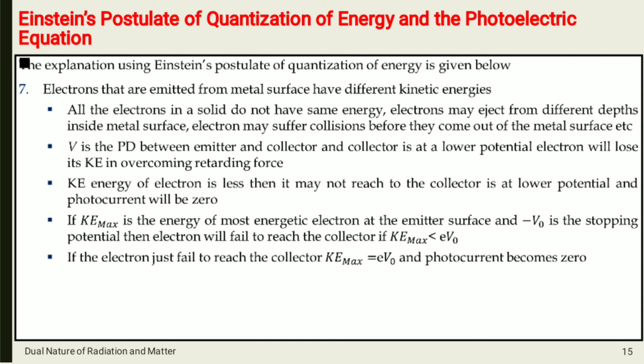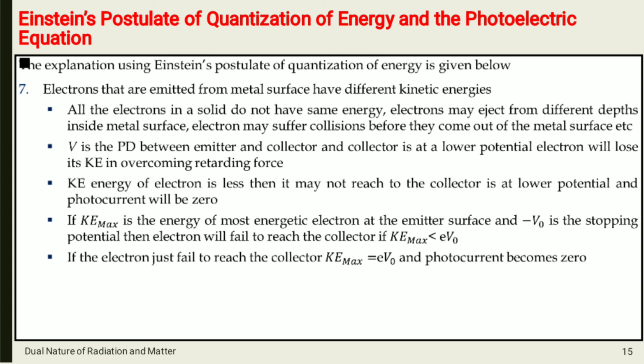If the collector is at negative potential, then what will happen? If the collector has less potential or negative potential, it will repel the electrons which are ejected from the metal surface.